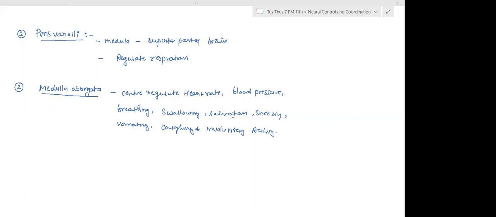You see something dirty, and you vomit. That is also controlled by the medulla oblongata. Alcohol affects the hind brain, and that's why somebody who is not used to drinking vomits. Coughing and involuntary action are all controlled by the medulla oblongata.